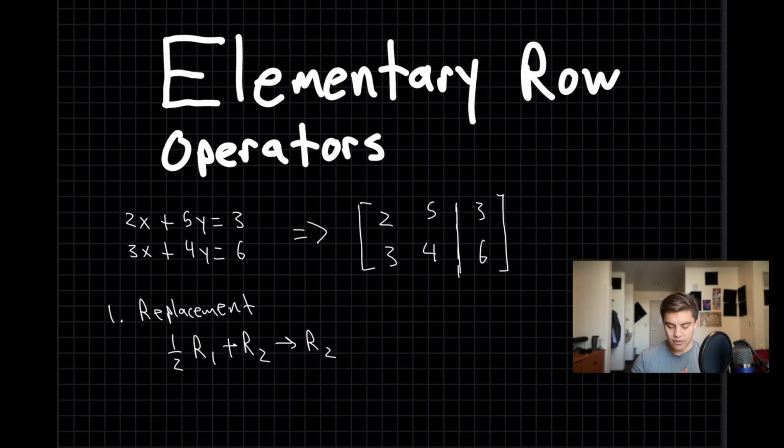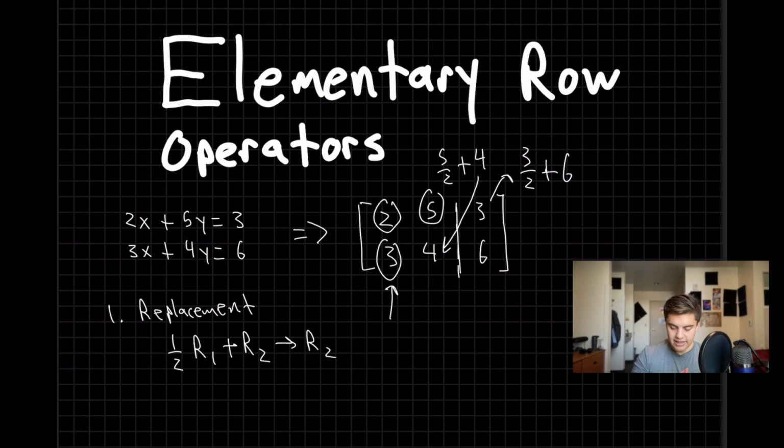So 1/2 of 2 is 1, plus 3, and we're storing that value into this entry. And then 1/2 of 5 is 5/2, plus 4, and we're storing that value into this entry. 1/2 of 3 is 3/2, and then we're adding that to 6 and storing that into this entry.